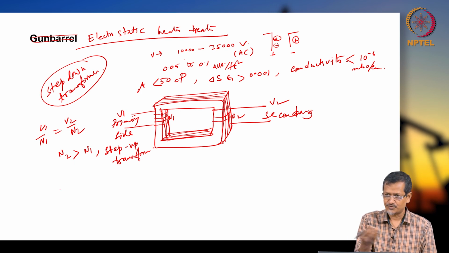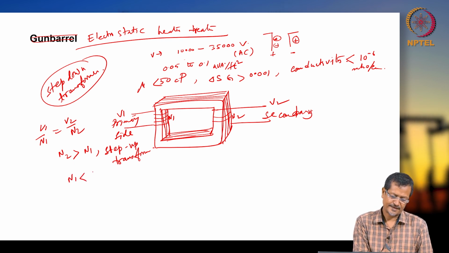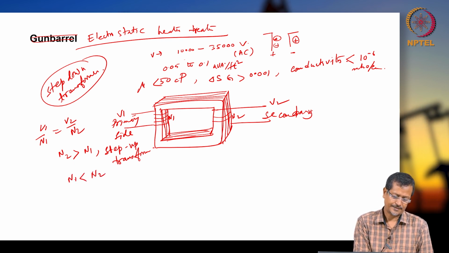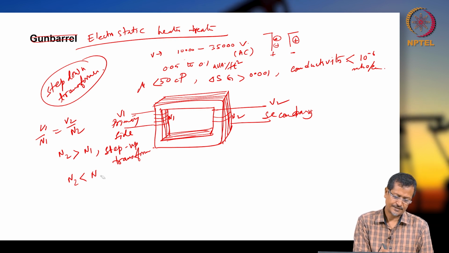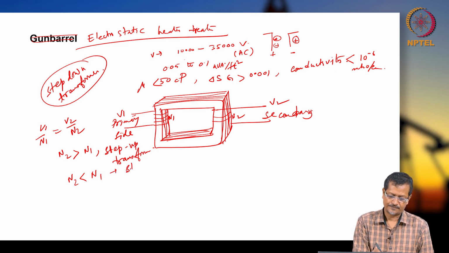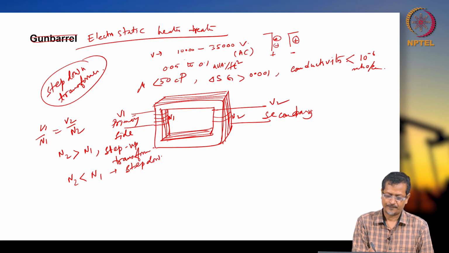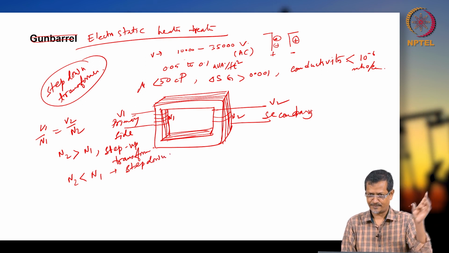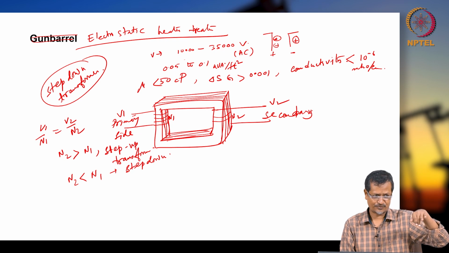If N2 is less than N1, it will be step down. In your household, the transformer nearby is actually a step down transformer.